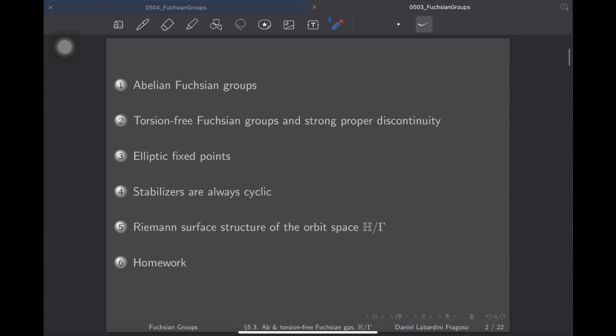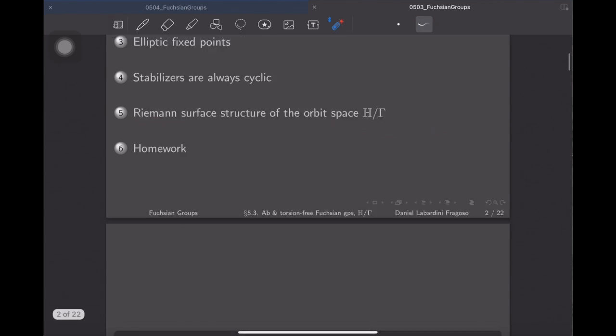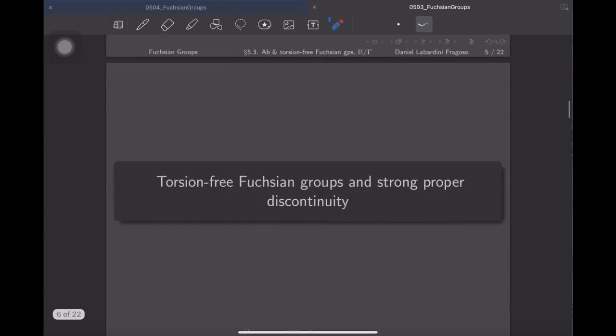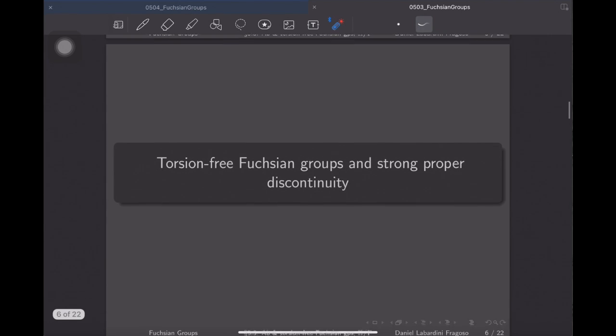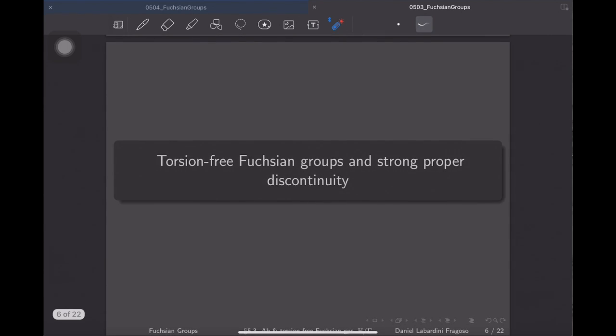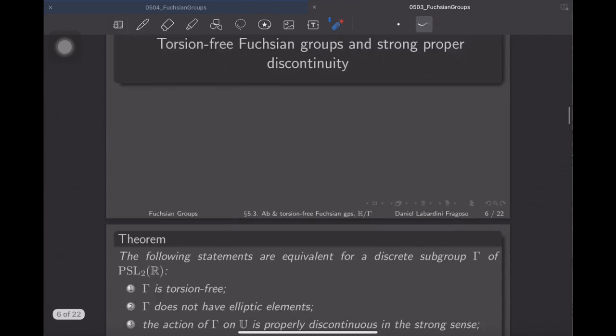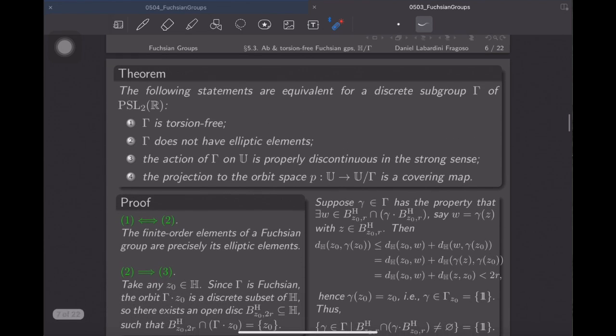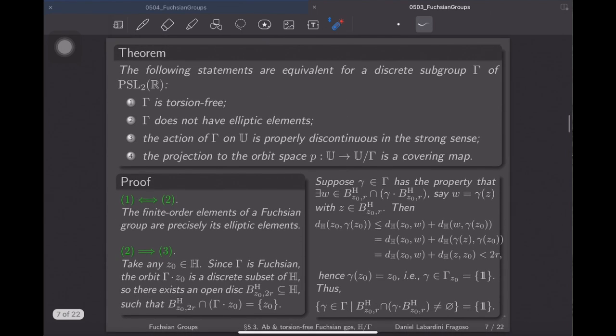Okay. And then after that, torsion-free Fuchsian groups and strong proper discontinuity, because we had seen that it is the strong proper discontinuity of an action by homeomorphisms that allows us to produce covering maps.